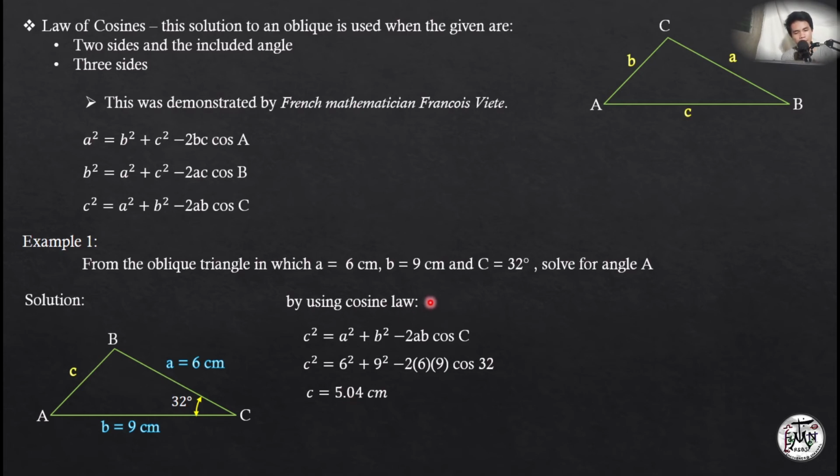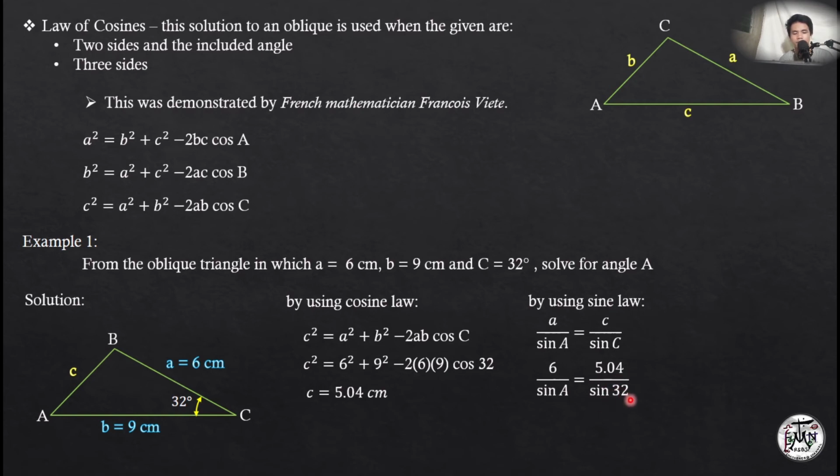Okay, so the problem is to solve for angle A. So we use the sine law. Okay, so a over sine A is equal to c over sine C. Substitute, where a is 6 over sine A is equal to 5.04 over sine 32.